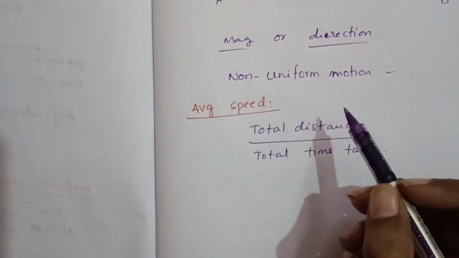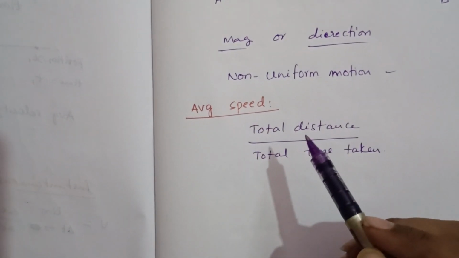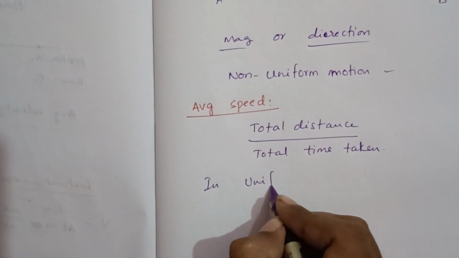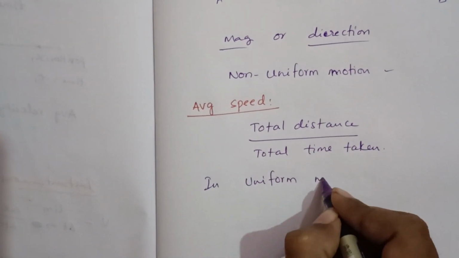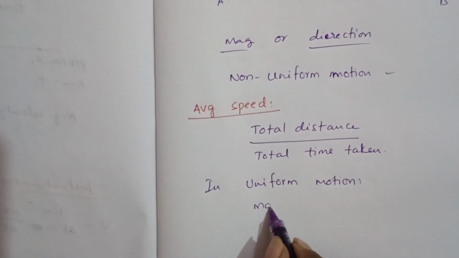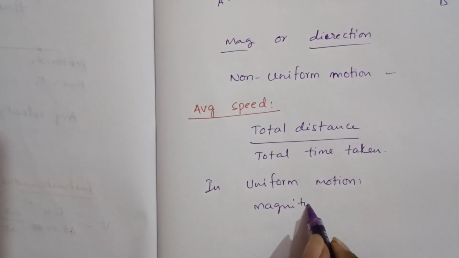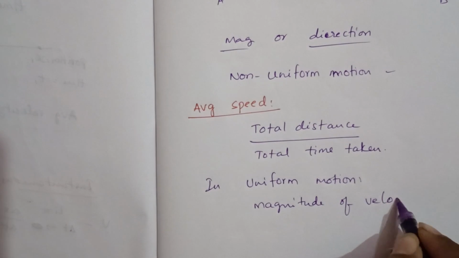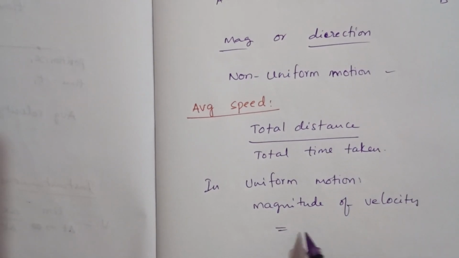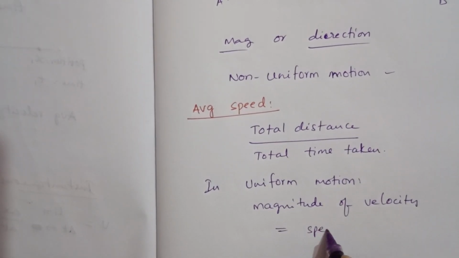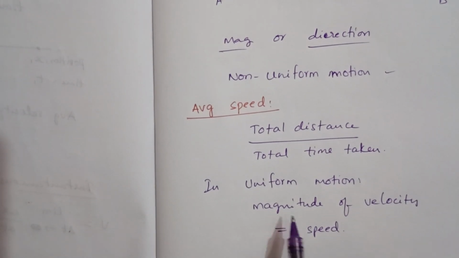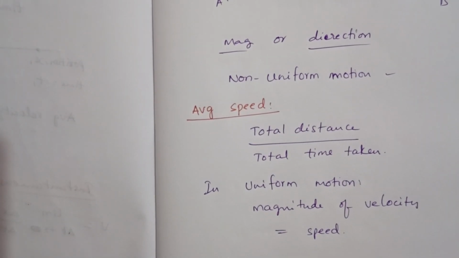Now in the previous case, in uniform motion, the magnitude of velocity is equal to speed.